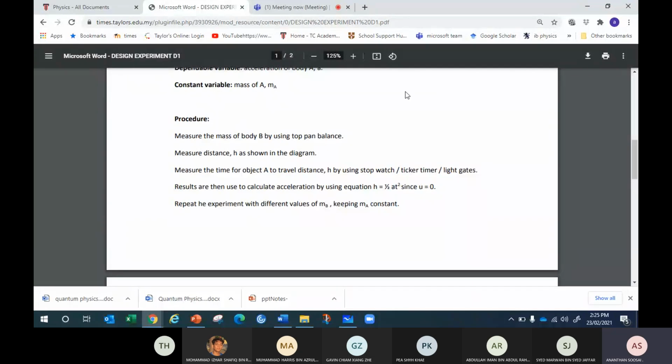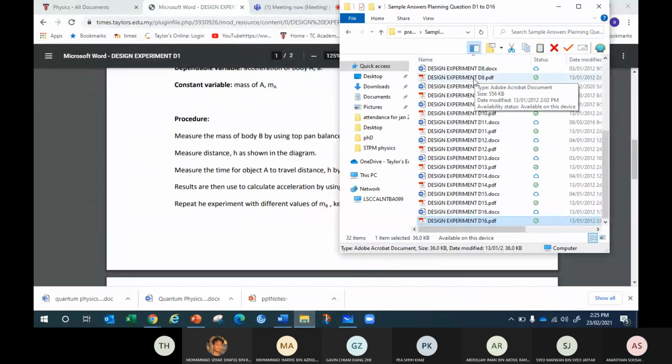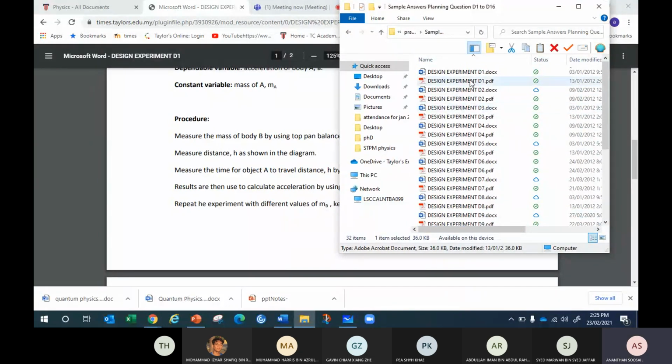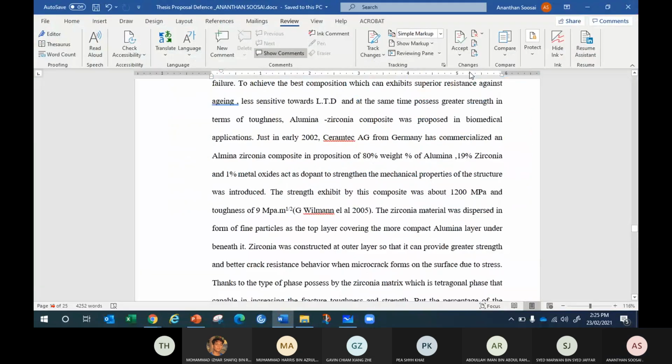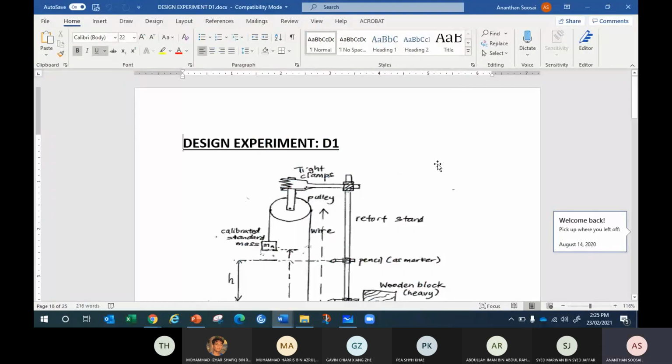So please add: measure the distance h in the diagram by using a ruler.